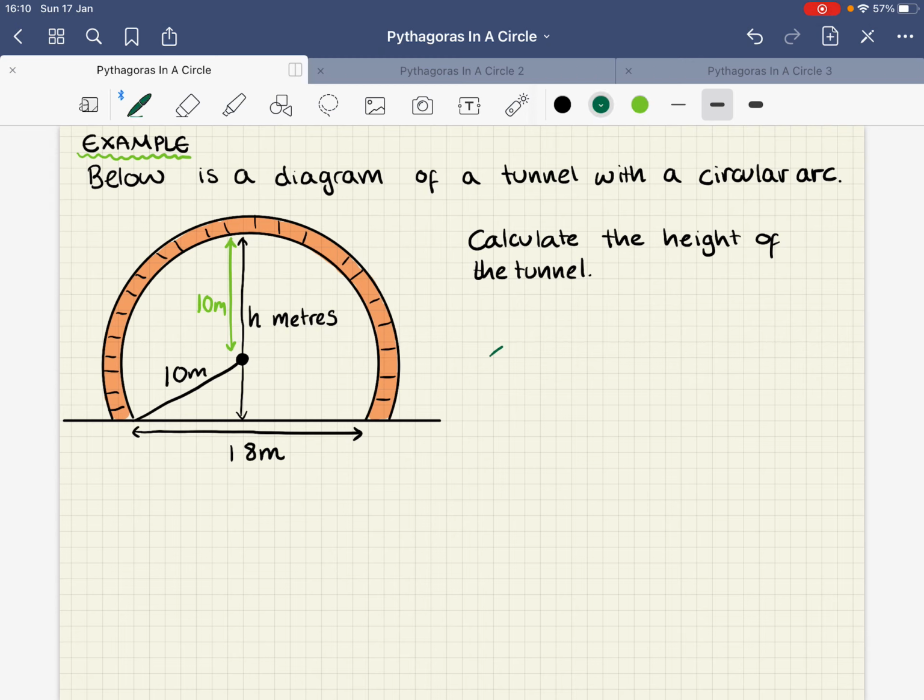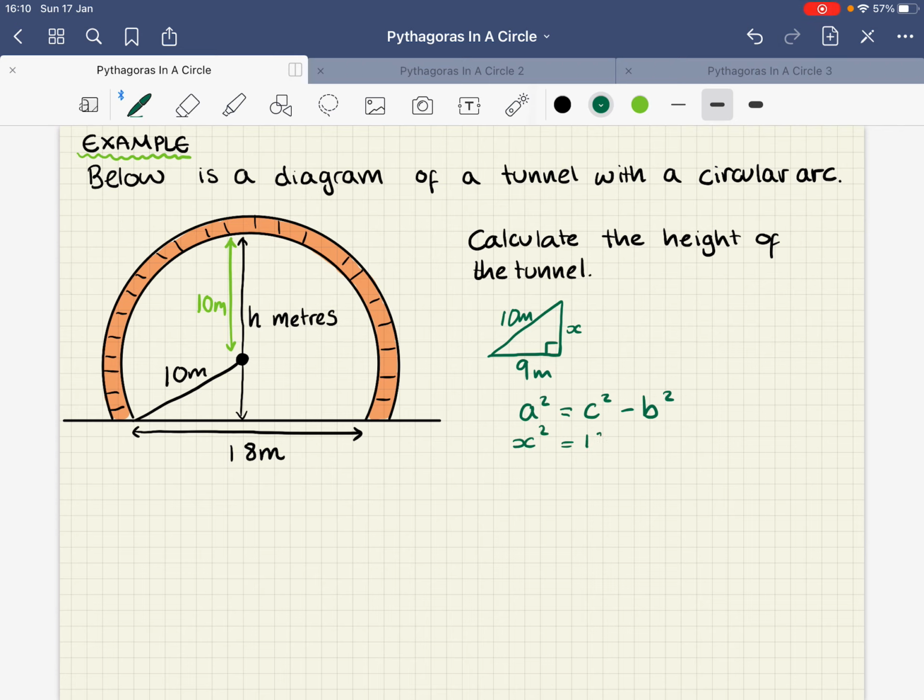So I'm just going to quickly sketch out the triangle that I'm using. So I've got that 10 meters. I've got that unknown there, which I'm just going to call x. And on the bottom, got a half that. So it's 9 meters. So using my formula, and again, we are finding the shortest side in this example.